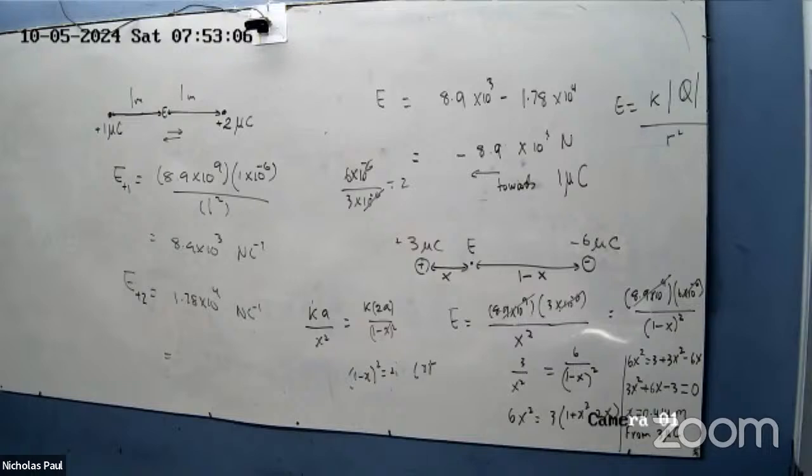A charge Q2 of minus 3 microcoulombs is located at x equal to 2 meters.